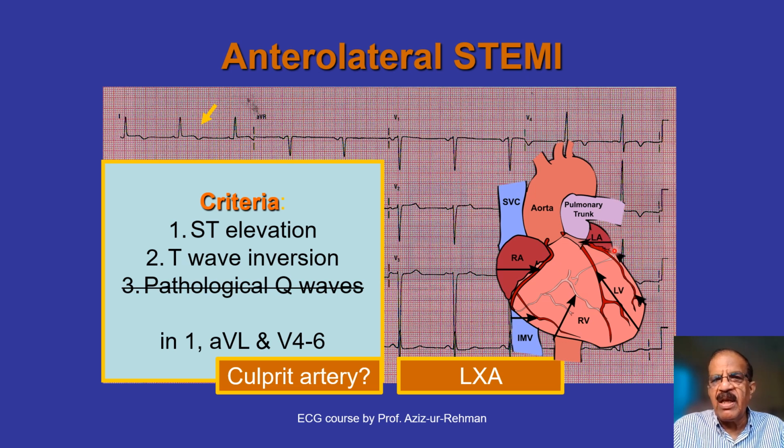This is the lateral side. So somewhere here, the left circumflex artery is affected. So from the distribution of ST segment elevation, you have made the diagnosis of lateral wall infarction, and you have identified the culprit artery also as left circumflex.